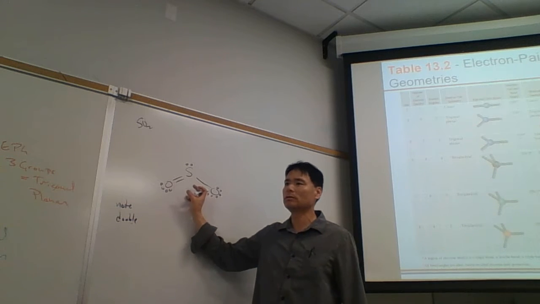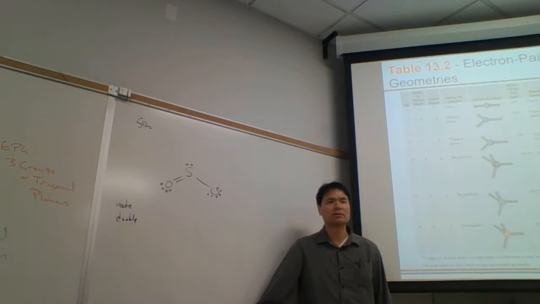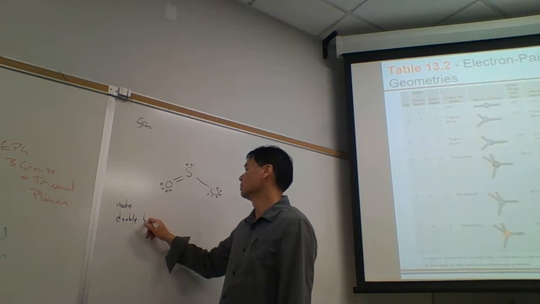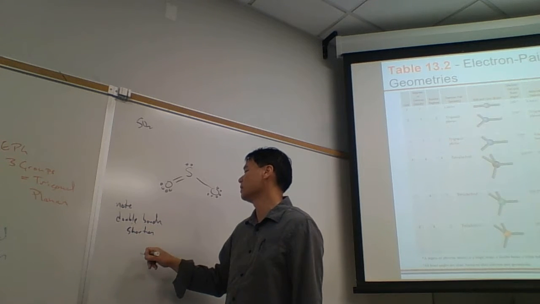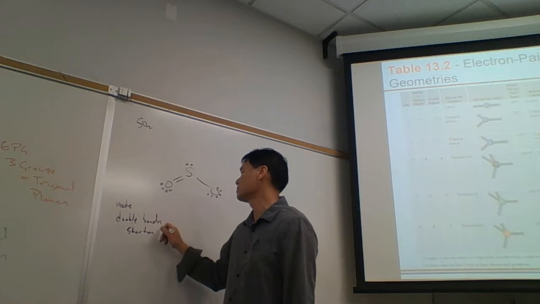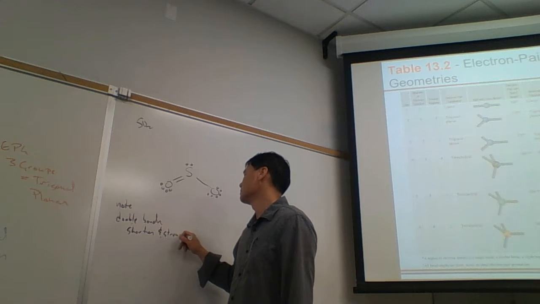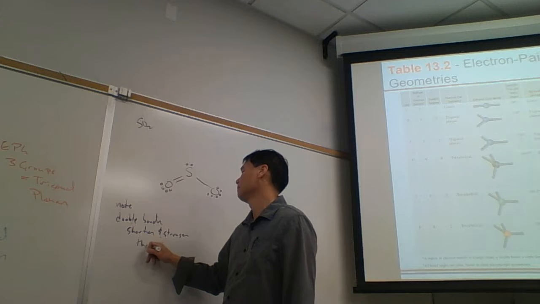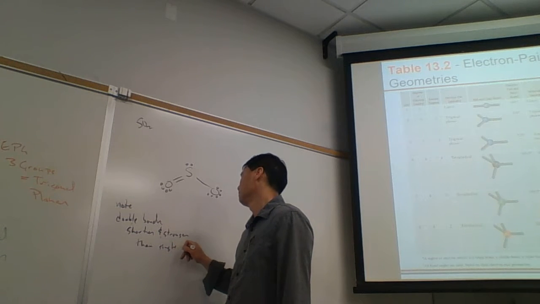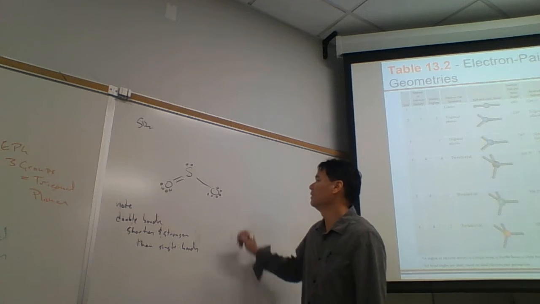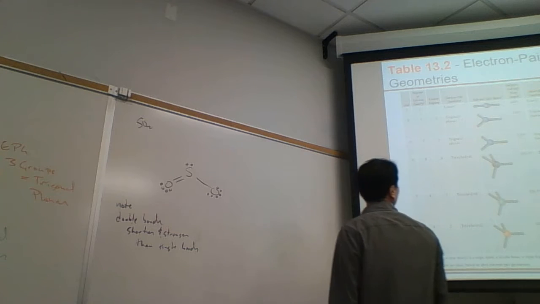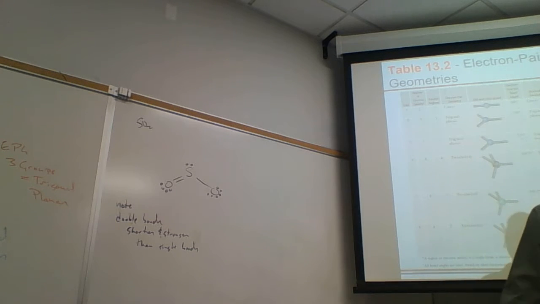Are double bonds shorter, longer, or the same length as single bonds? They're shorter. Now, if double bonds are shorter, are they stronger, weaker, or the same strength? Stronger. Shorter and stronger than single bonds. And so, one thing for this structure, what are the formal charges in this particular structure for SO2?